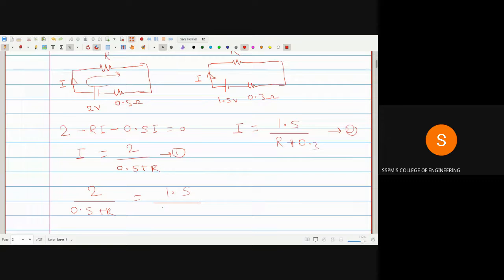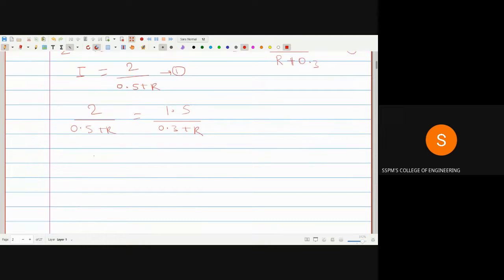divided by 0.3 plus R. We can easily solve this equation to get R. The 2 into 0.3 is 0.6 plus 2R is equal to 0.5 into 1.5. इथे येणार इथे 0.75 plus 1.5 R. So 2R minus 1.5 R gives 0.5 R, and 0.75 minus 0.6 gives 0.15.